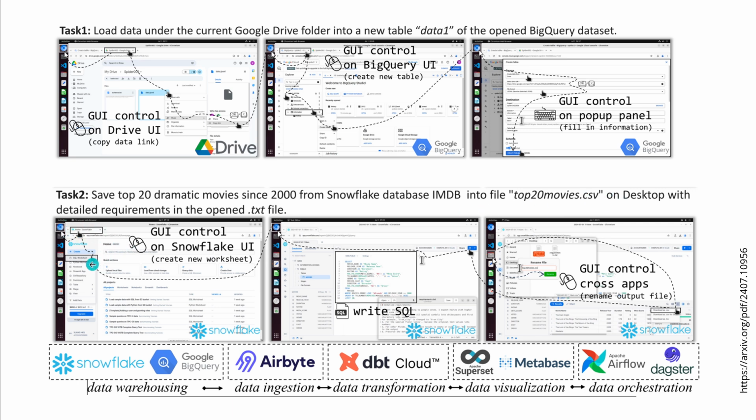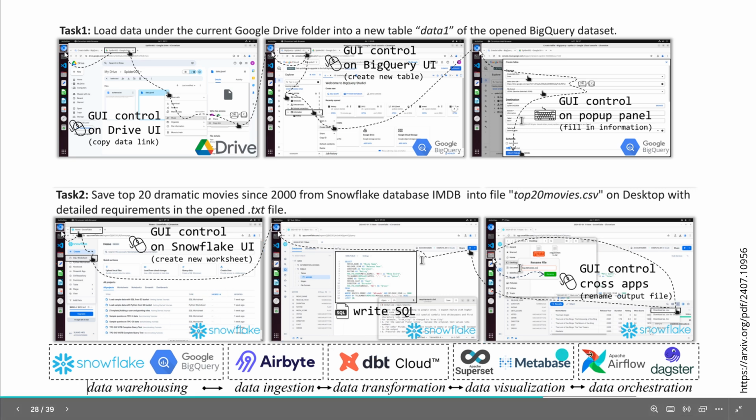Where you have to go, what you have to click here, which marks exactly, screenshot, and so on. And they have hundreds of those tasks, from data warehousing, data ingestion, data transformation, data visualization, and data orchestration.